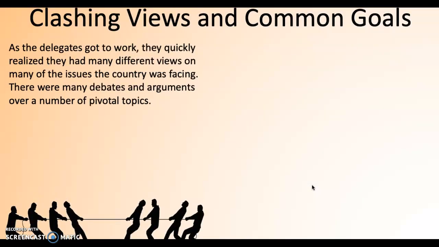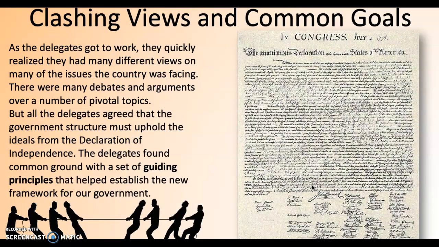Now, of course, it wasn't easy. There were many times when issues arose and the delegates quickly realized that they were coming to the convention with very different viewpoints. And so they knew to keep the country afloat, they would need to find some common ground. And they found that in the United States Declaration of Independence and through their guiding principles.